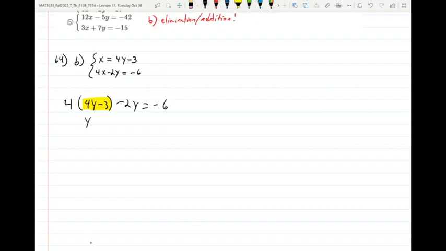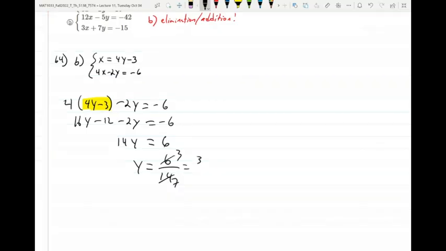So that's 16y minus 12 minus 2y equals -6. So that's going to be 14y equals, I'm going to add 12, so that's 6. And then y is going to be 6 over 14, which simplifies as 3 over 7. So y equals 3 over 7.